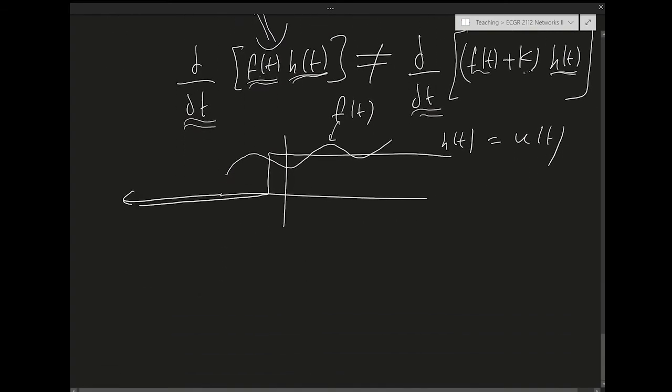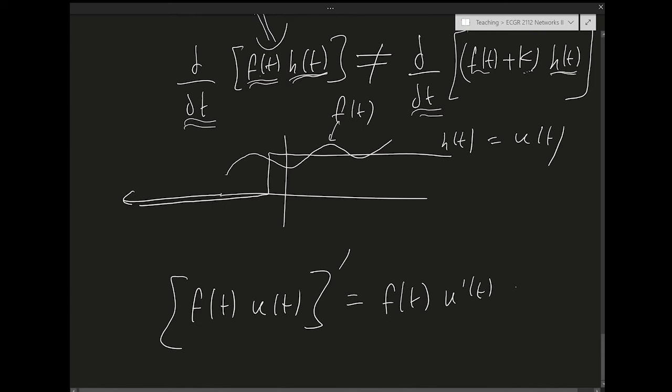So now I'm defining h of t to be u of t. Let me use the shorthand: d by dt of f of t u of t. Using the product rule, that's going to be f of t u prime of t plus f prime of t u of t.